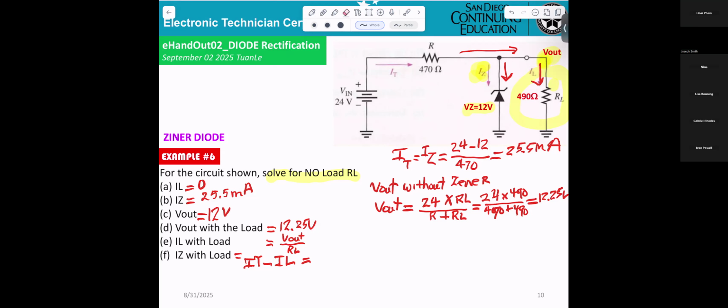So 24 minus 12.25 is VL, divided by 470. No, I total is 24 minus 12 divided by 470, which equals 25.5 milliamps.